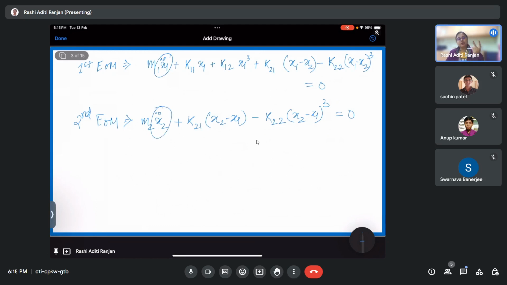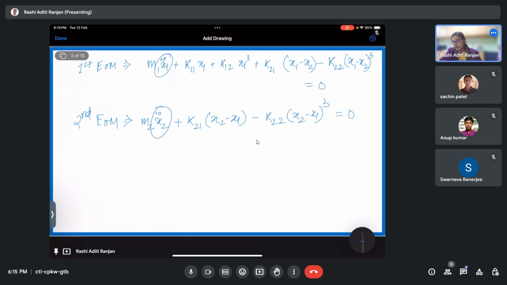And if I integrate twice, then only I'm going to get the response of the system, x1 and x2. Now, this is a nonlinear system, so I cannot do it analytically. Obviously, we can try, but it's a very difficult process. Even if we use approximate techniques, it is going to take a lot of time and calculations, and it may still result in erroneous results.